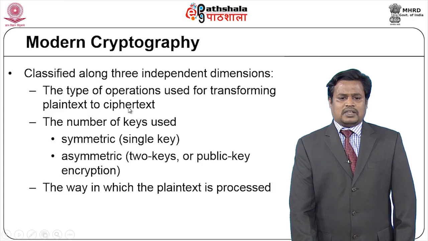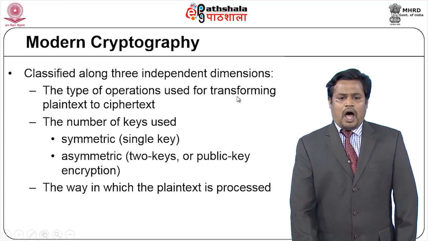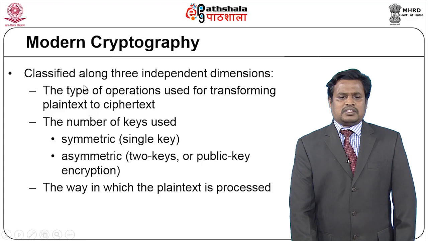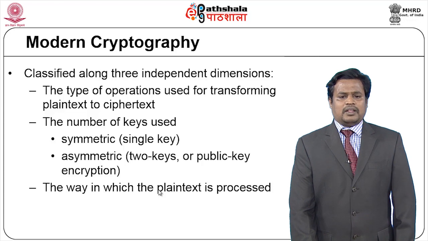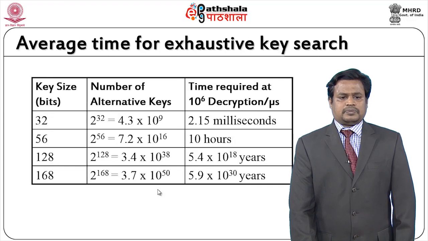That is what we call the ciphertext. So, we need to understand what type of operation is used for transformation. Then whether I go for a symmetric key or asymmetric key is decided by the way I am going to communicate with my receiver when sending a message. And also we have to understand in what way the plain text is processed. This is the core idea behind modern cryptography.